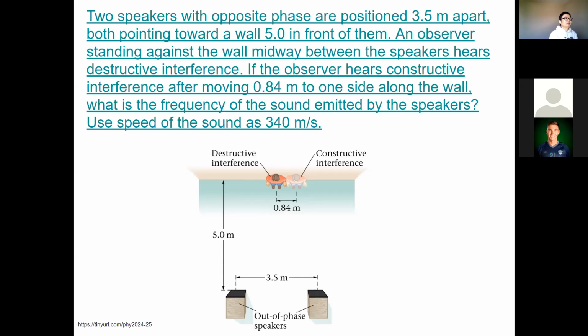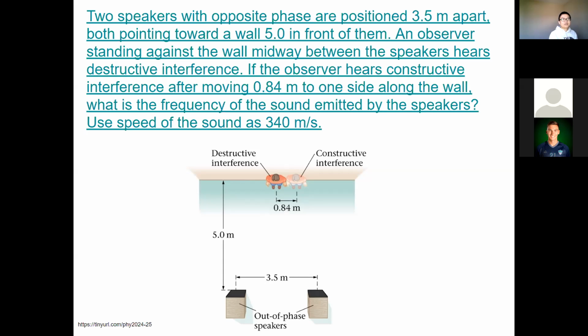So if the observer is in the middle of the two sources, although the path difference is the same, because the sources are out of phase, he hears destructive interference. Now as he moves to one side by 0.84 meters, he hears constructive interference for the first time.